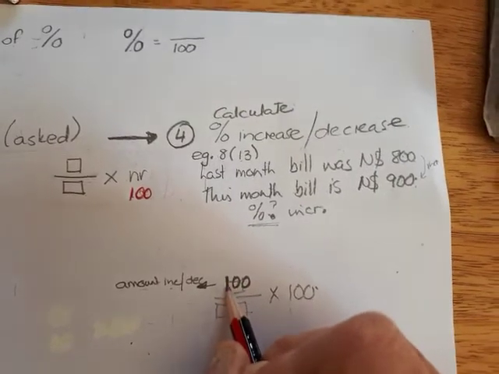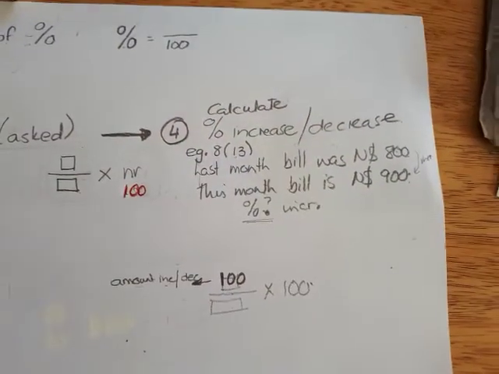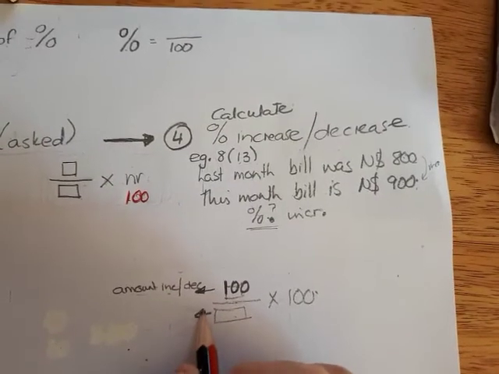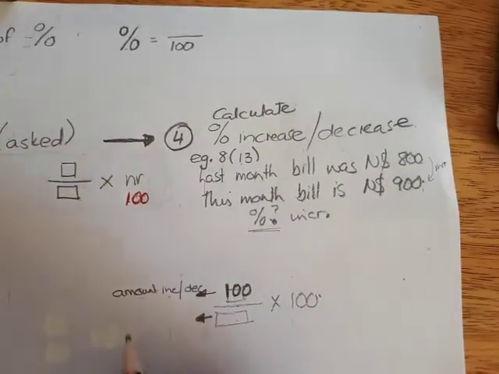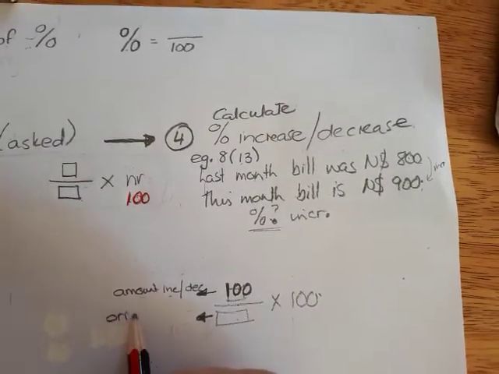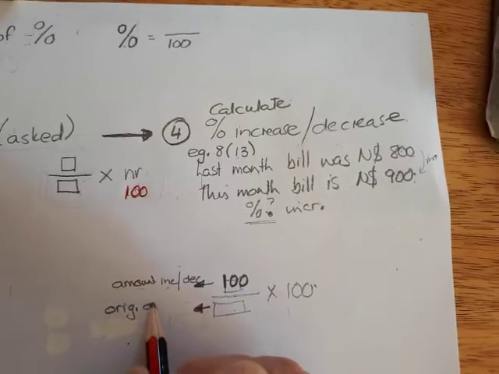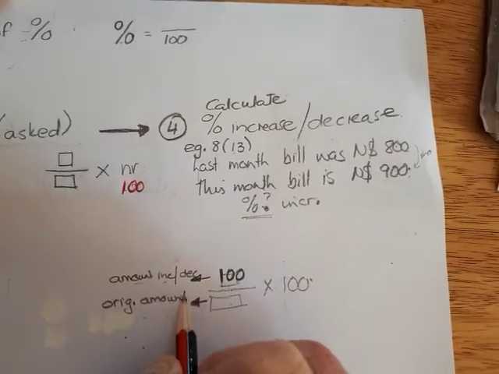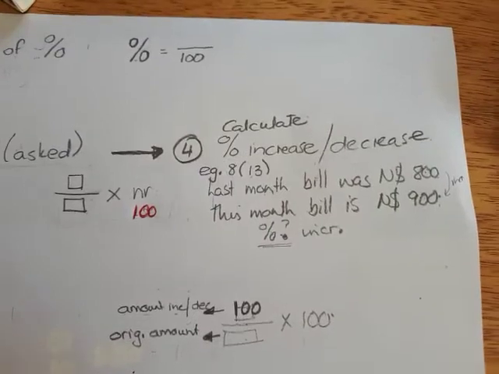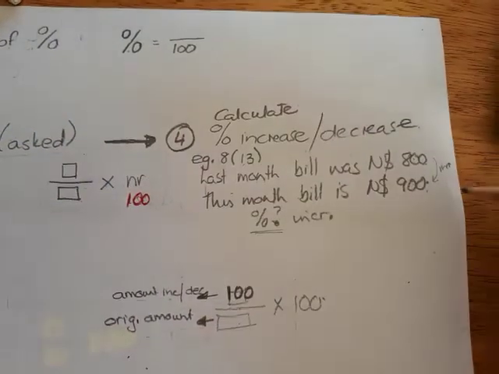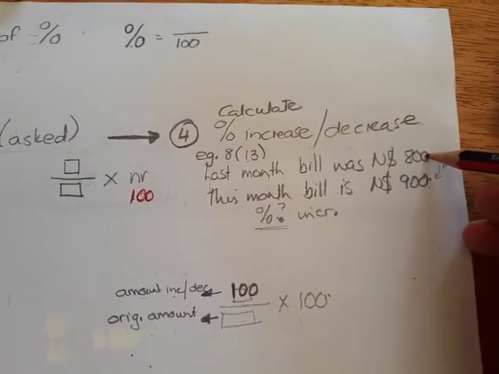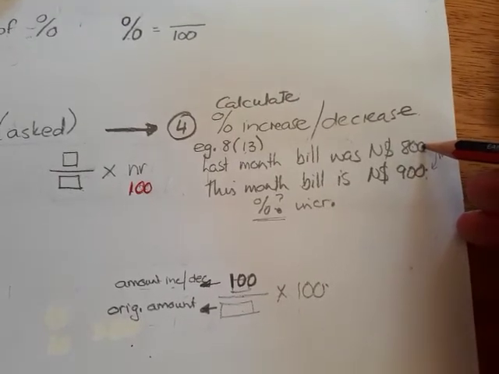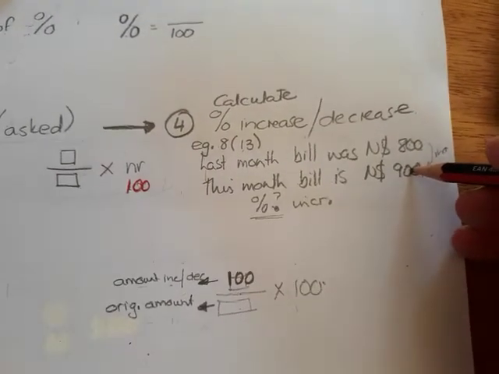So that is 100. Then the denominator, and that is where the problem usually lies, people, is what we call the original amount. So what was the first amount, people? The first amount in this case was the 800, isn't it? It was 800 and it is now 900.